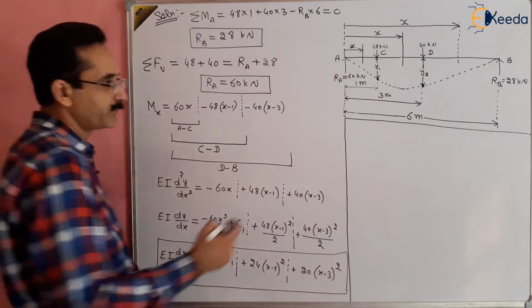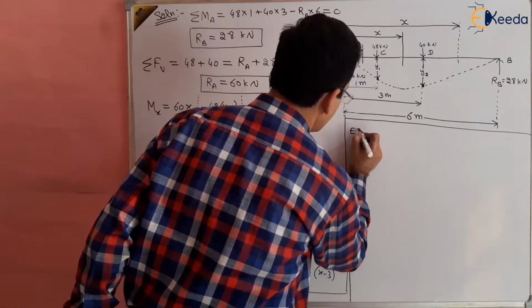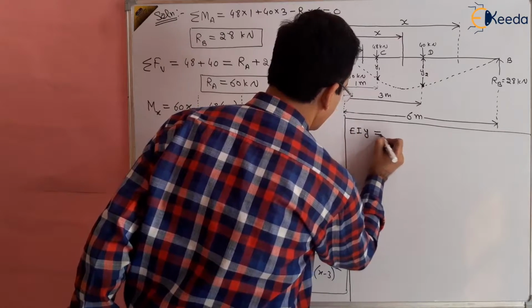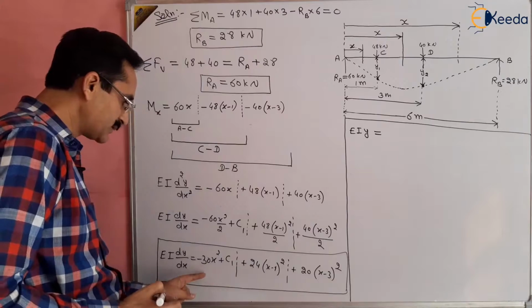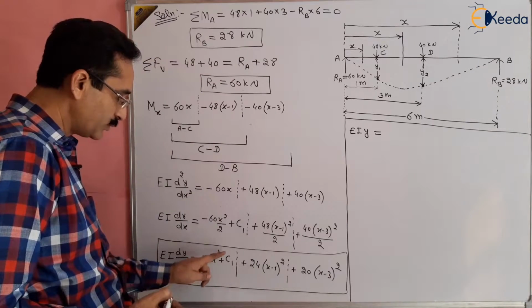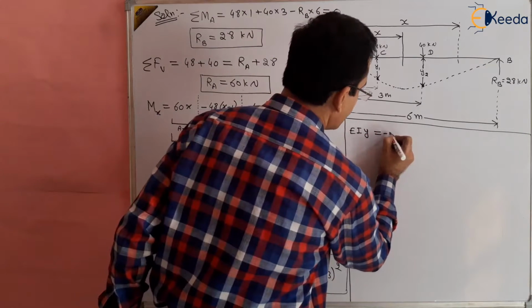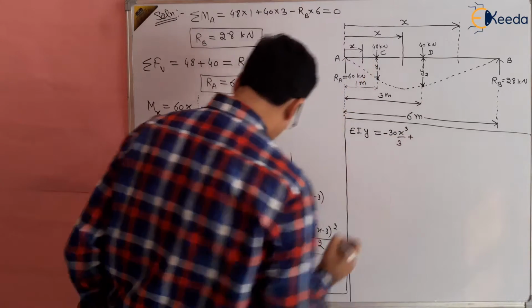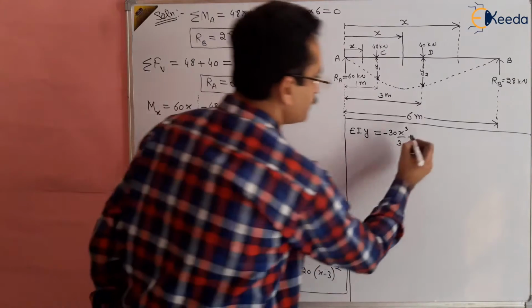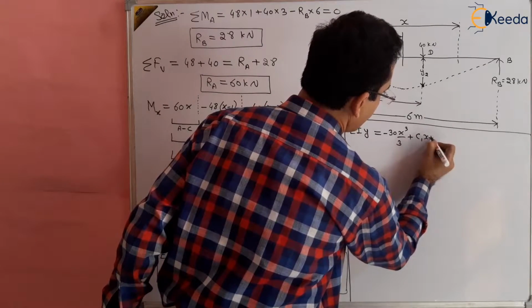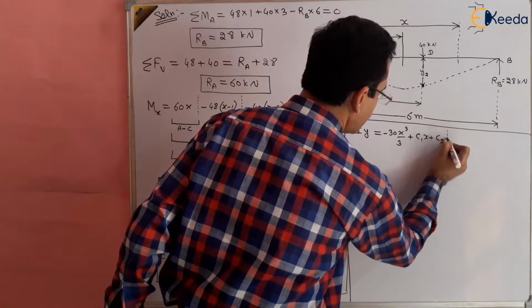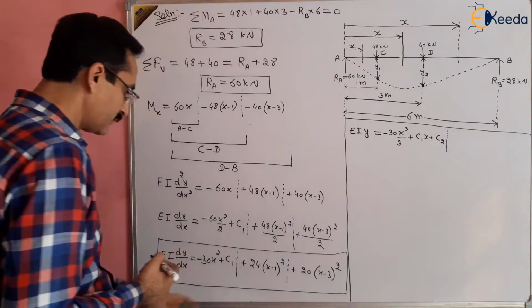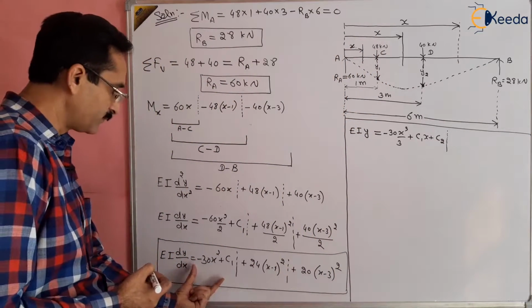So EI y will be equal to the integration of this: minus 30 x cube by 3, plus the integration of C1 x, and we will get another constant C2, and we use the dotted line valid for A to C.